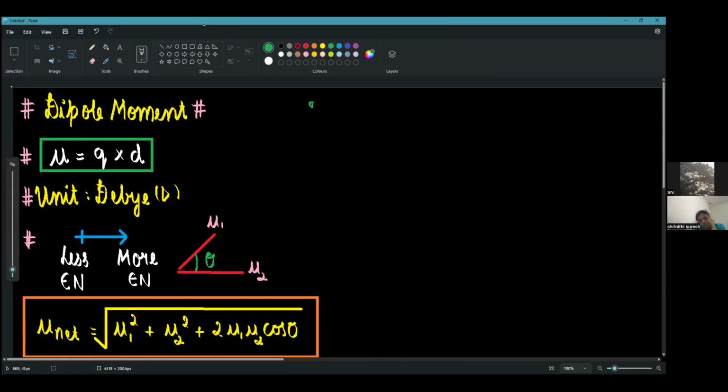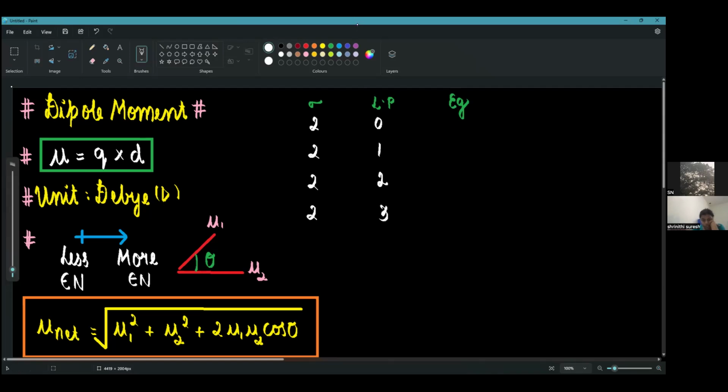Here you will have sigma bonds and then you will have lone pairs of electrons. And then here you can write some examples. So what were the first set of examples? It was 2 sigma 0 lone pair, 2 sigma 1 lone pair, 2 sigma 2 lone pairs, 2 sigma and 3 lone pairs.